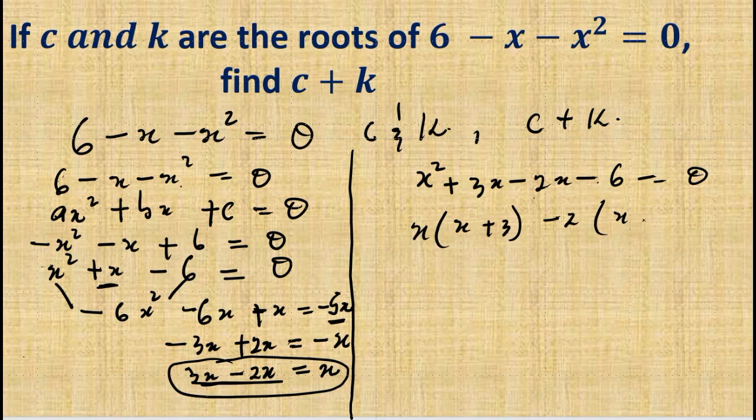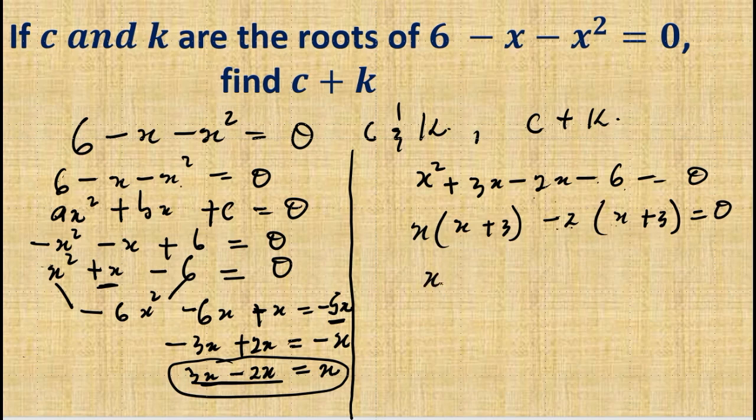This becomes plus 3 equals 0. Let me point this out. If I expand this, minus 2 times x, that's minus 2x. Minus 2 times 3, that's minus 6.